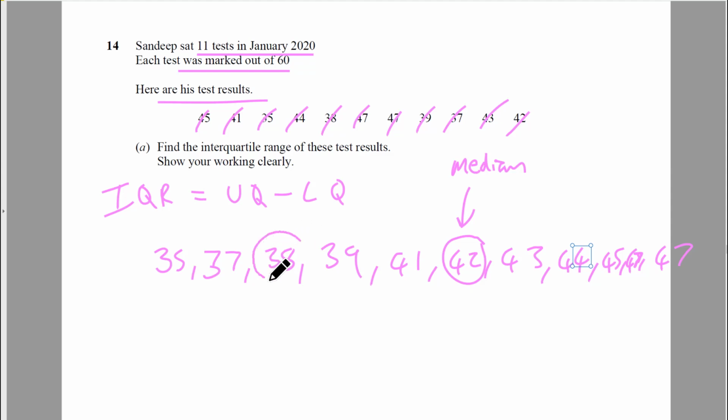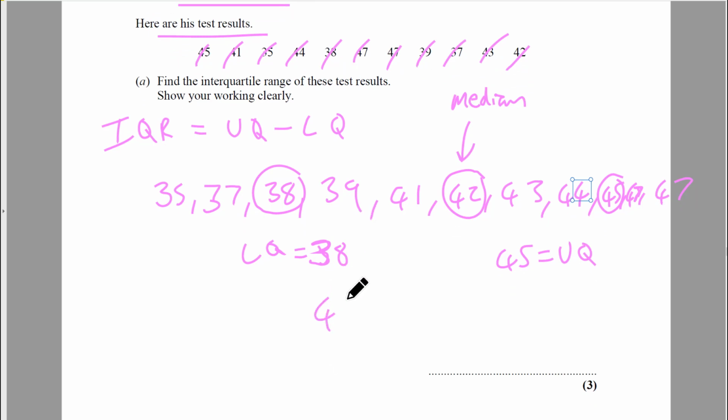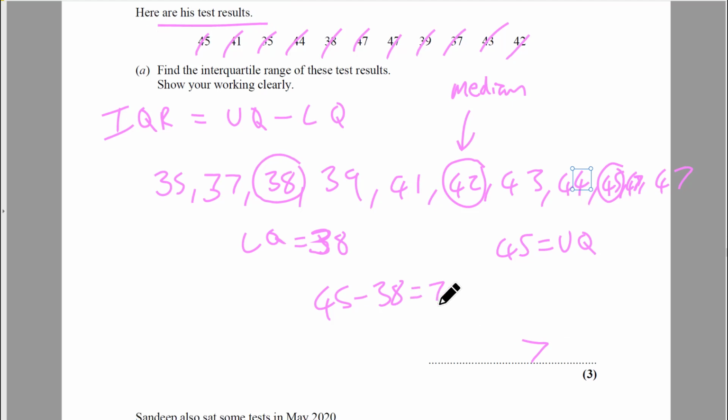So, in the middle of that, 38 must be the lower quartile, and 45 is the upper quartile. So what do we do here? 45 minus 38 equals 7. Another 3 marks in your pocket.